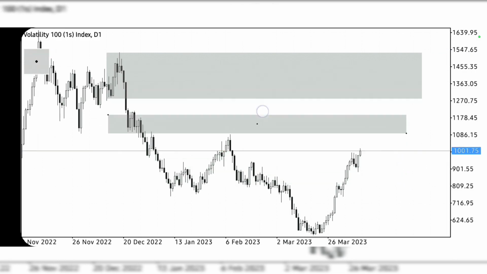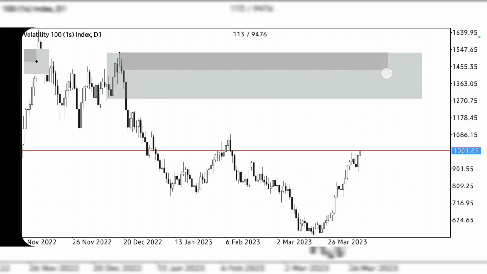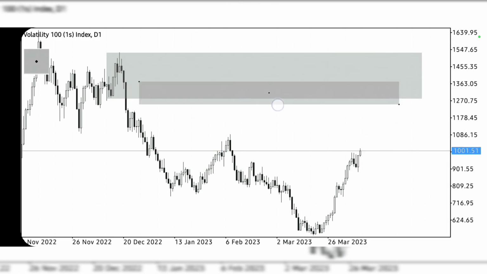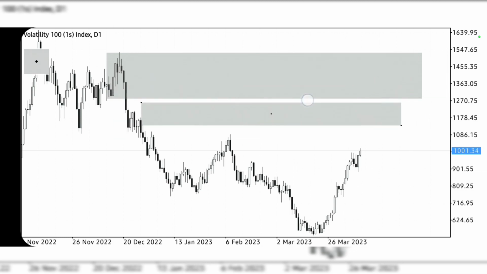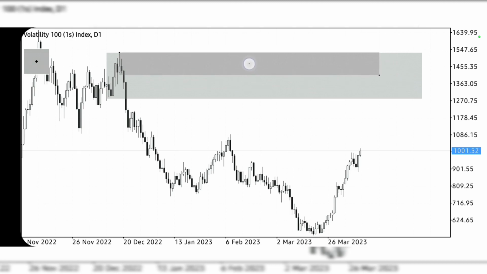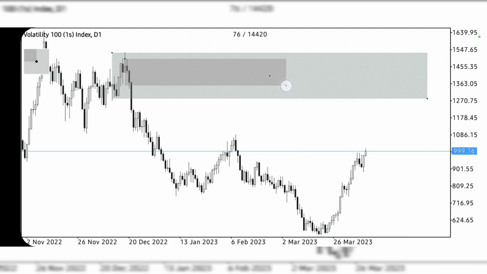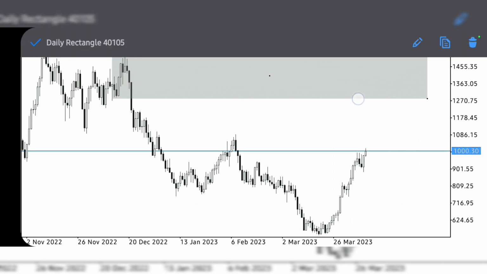For your area of interest, the market can use this low, the market can come into this area to react, the market can use anywhere, but it does not have to break this high. But for point of interest, you are just marking out this area and you want the market to react at this particular order block. That is the difference between your area of interest and your point of interest.